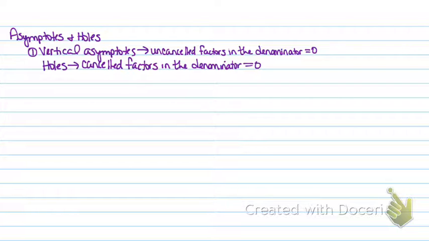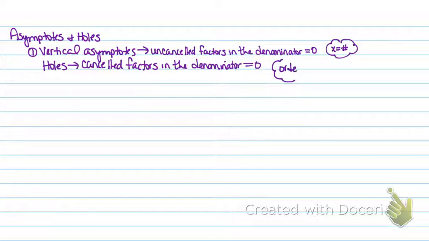When we solve that vertical asymptote, we're going to end up with x equals a number, and that is our vertical asymptote. It's a vertical line, so it has to have x equals whatever the number is. When we take that canceled factor in the denominator and set it equal to 0, we're also going to get an x equals, but a hole is going to be an ordered pair.